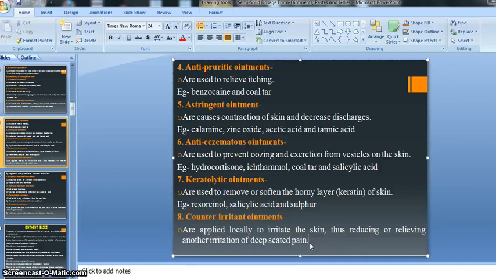So what is the mechanism of counter irritant? It produces irritation to the skin, and due to the irritation produced by the counter irritant ointment, we feel relief, with the irritation of our pain reduced, right.